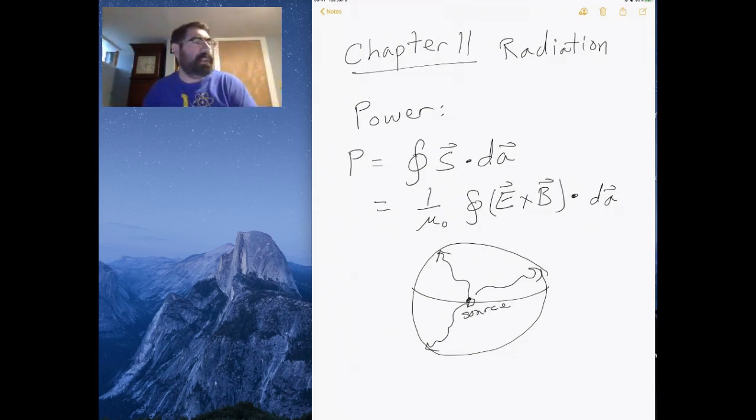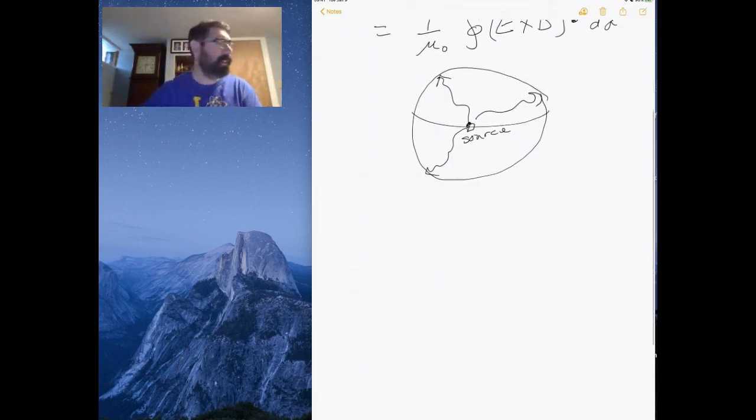Since the energy in the electromagnetic wave travels at the speed of light, I could write down that t0 is equal to the current time minus the time it took to travel from the source to my detector.